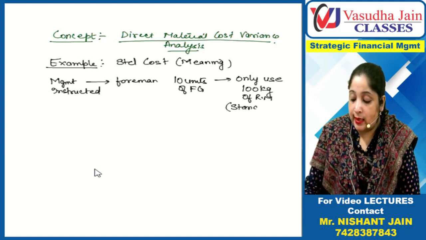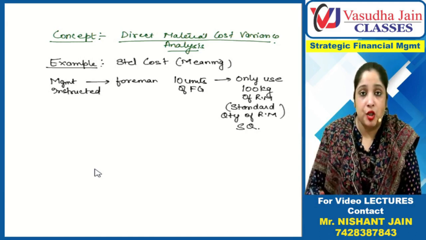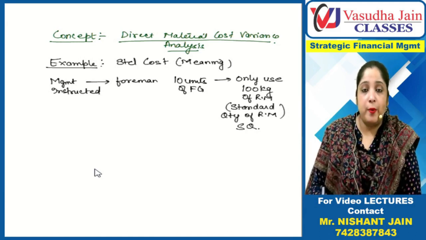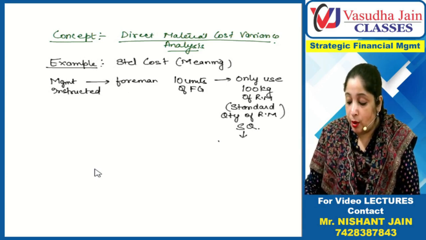This is basically the standard quantity of raw material. In short form, it is written SQ. Why standard quantity? Because this is an instruction which is given to the foreman that this should be done.